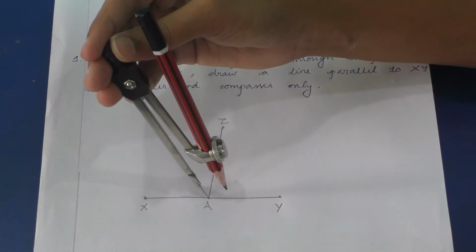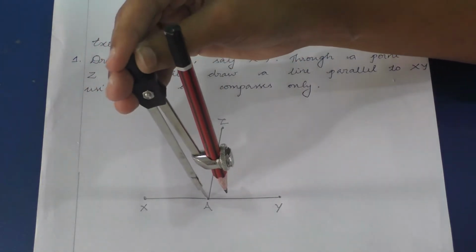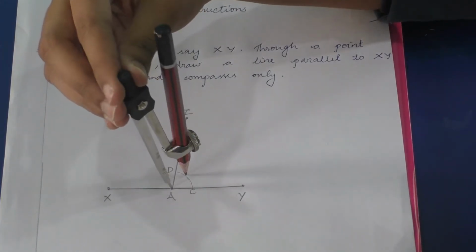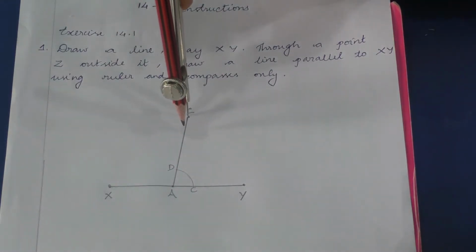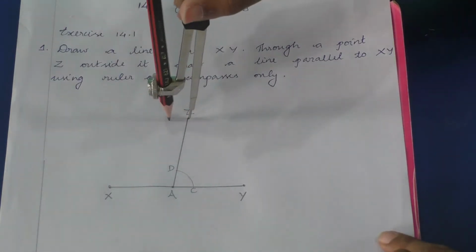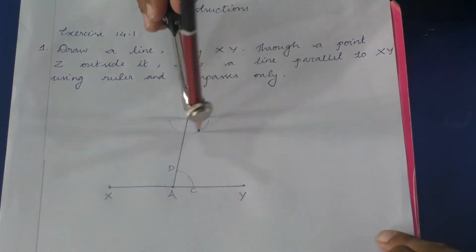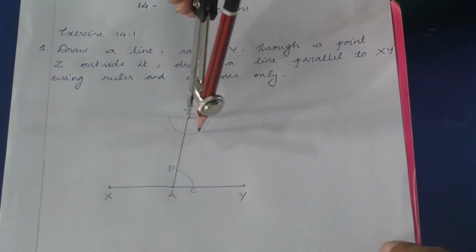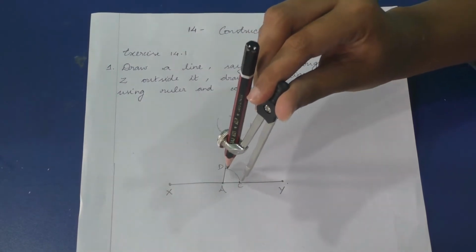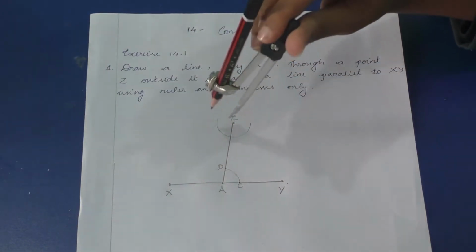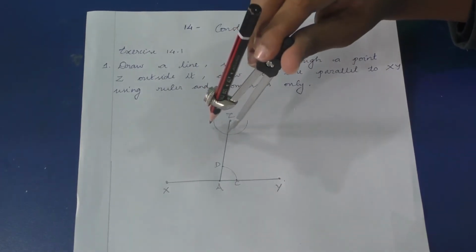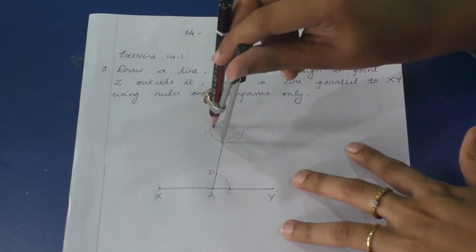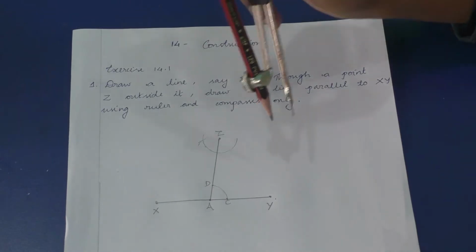Now let's draw an arc DC by keeping the tip on A. With the same radius as this arc, keep the tip on Z and draw one arc, and you can name it as MN. Measure this radius CD and let's cut an arc at this point and name that as MN.